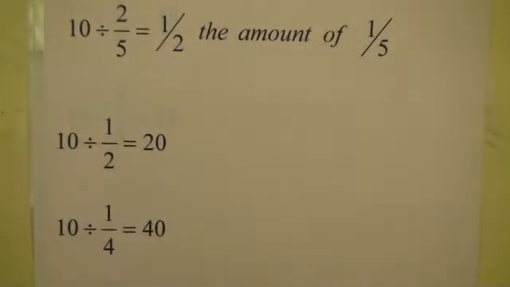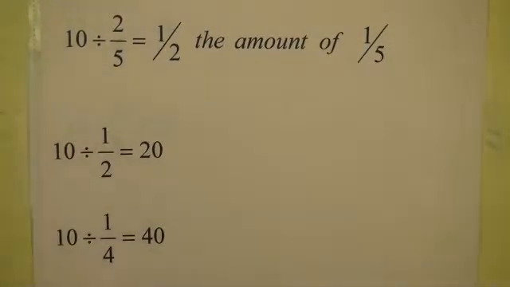Here, this is interesting. 10 divided by 2/5, we can all safely say that since 2/5 is twice as big as 1/5, well, 10 divided by 2/5 is going to equal half the amount of times that we would divide 1/5 into 10. So this last example here, 10 divided by 1/5 is 50.